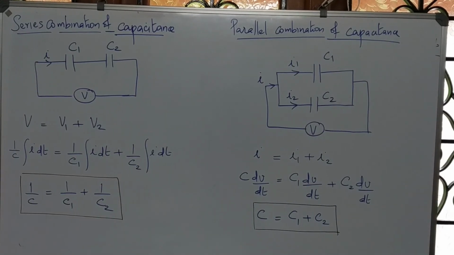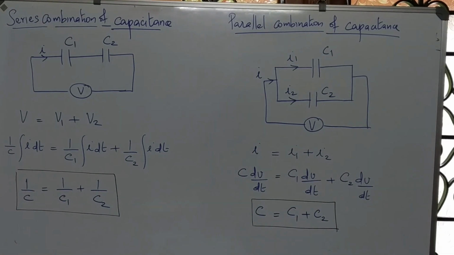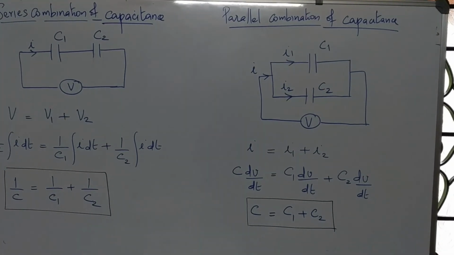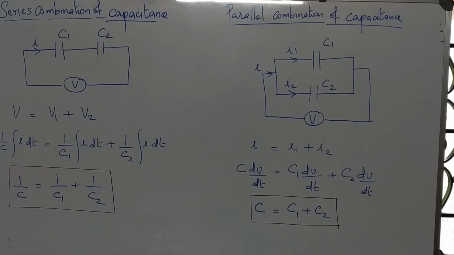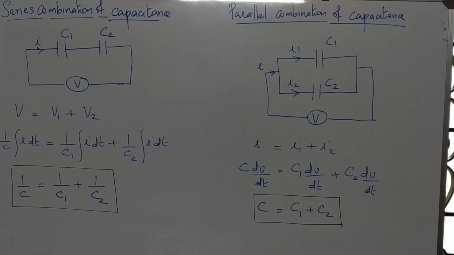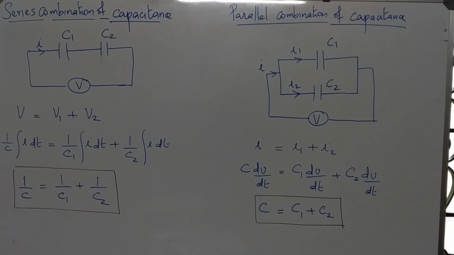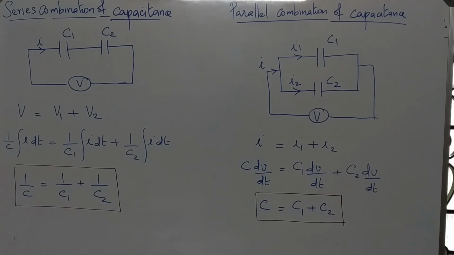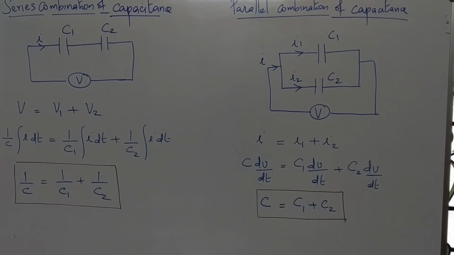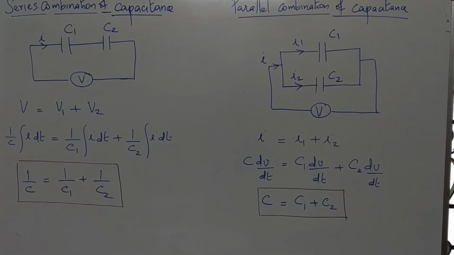Next we'll see series combination of capacitance. So we have two capacitances C1 and C2 connected in series, across which we apply a voltage V, resulting in a current I. Since it's a series circuit, the voltage will get divided among the two capacitances. So you can write V equal to V1 plus V2.